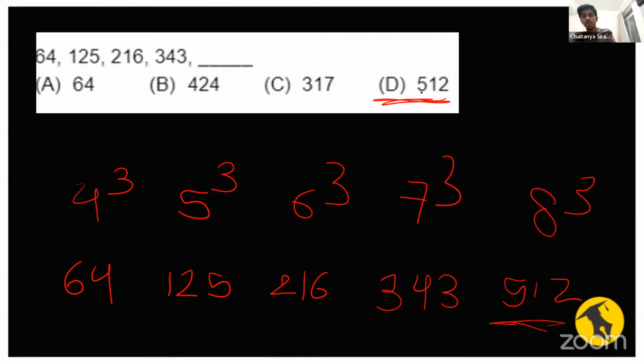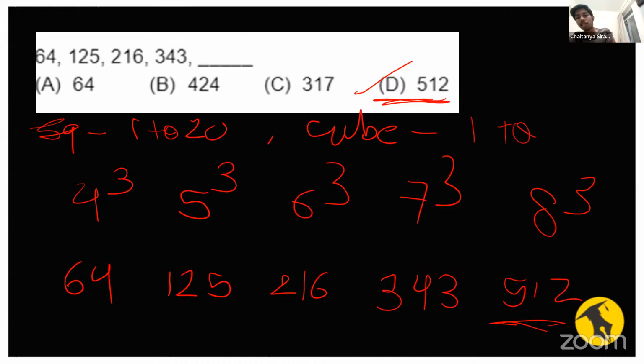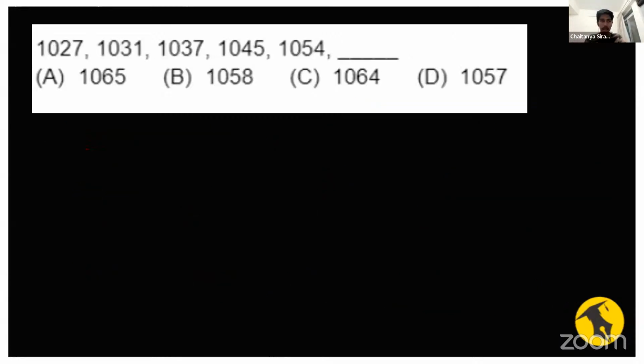All right. Correct answer is option D. So I am again repeating: know squares from at least 1 to 20 and cubes from 1 to 10 at least. Do you remember this? It will be very helpful to recognize patterns and solve questions orally.